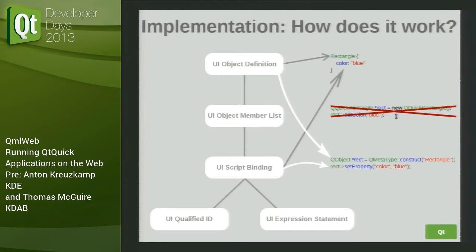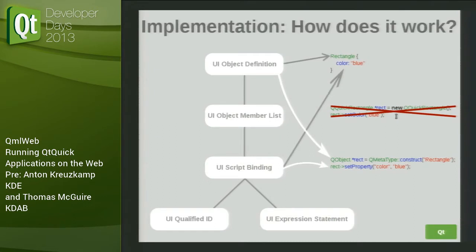But this is actually a lie. It's not actually working like that. Since QtQuick items come from the plugin system, we can't mention the name, because there's no header known to the QML engine. QtQuick items are a totally separate library. They come from a plugin. So we actually use the meta object system indirectly instead of calling things directly, since we don't know how to do this.